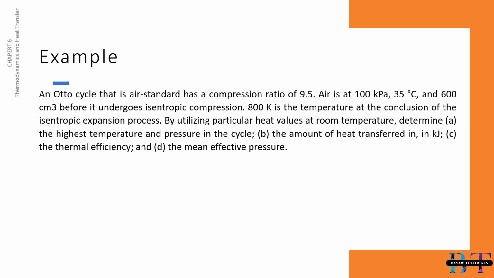By utilizing specific heat values at room temperature, determine A, the highest temperature and the pressure in the cycle. B, the amount of heat transfer in kilojoules. C, the thermal efficiency. And D, the mean effective pressure.